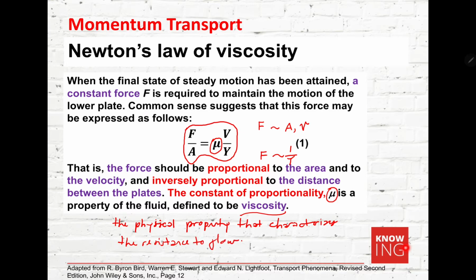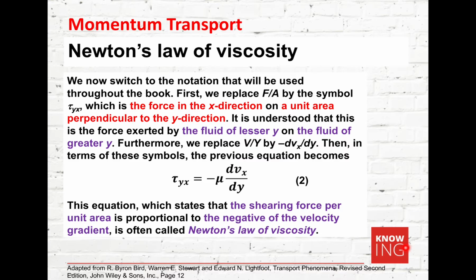This means that if we have a higher viscosity, it resists flow more than one with a low viscosity. We now switch to the notation that will be used throughout the books. Here we are not dealing with the normal pressure, we are dealing with the shear force. So we have the force in the x direction applied on the unit area perpendicular to the y direction.